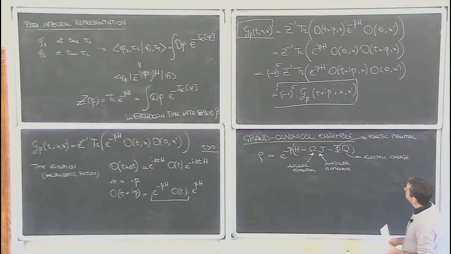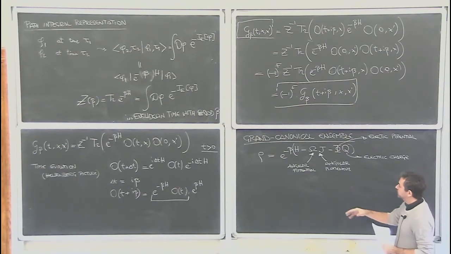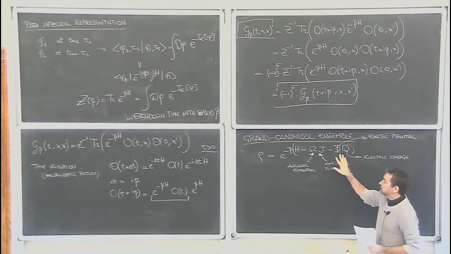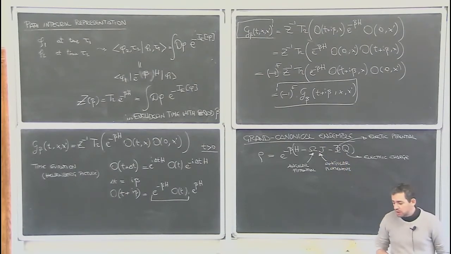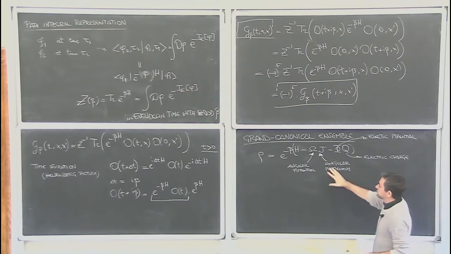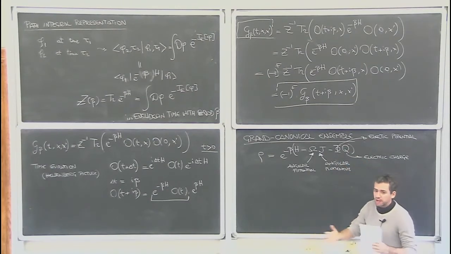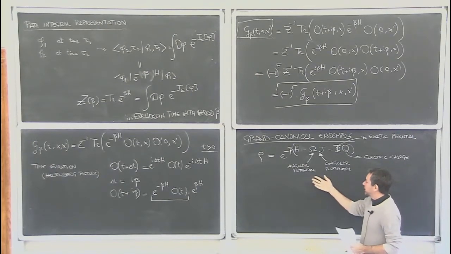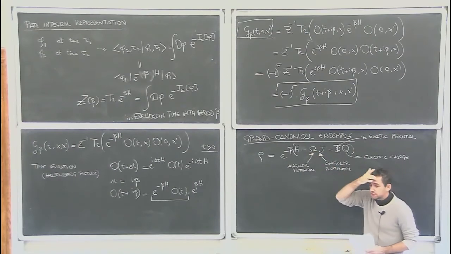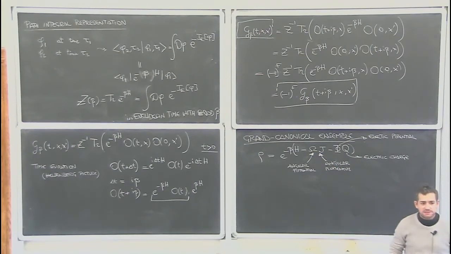Now let's see how this property of periodicity in time is possibly modified by introducing these extra quantities. This is very general, so it can be applied to experiments or not. But for what we may be interested in, it's important on the one hand because rotation is certainly relevant for black holes.